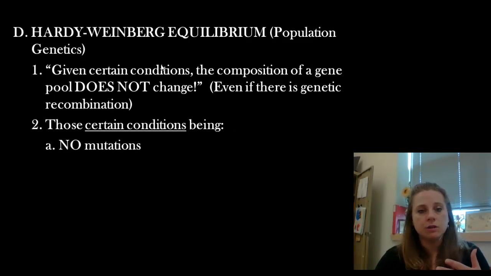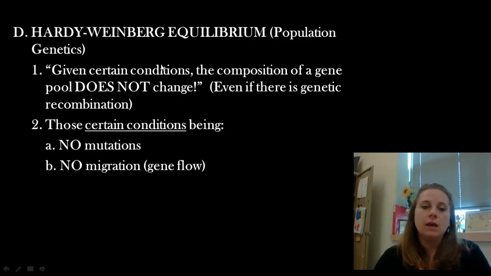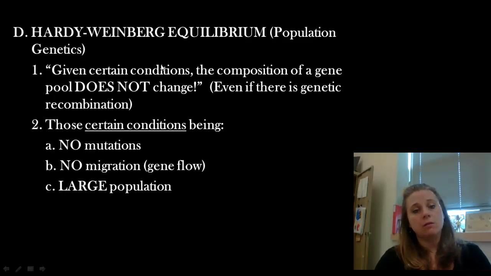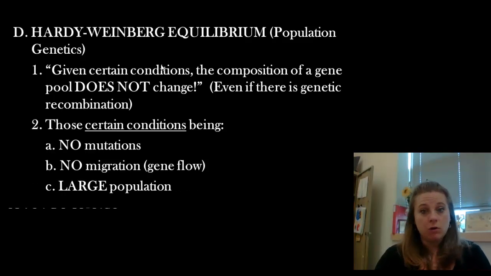So here are your conditions. You can't have any mutations. Try preventing that one. You can't have any migration, meaning there can be no gene flow. There can't be new individuals coming in from outside, and there can't be anybody leaving, because that's going to influence the actual genetic makeup. You have to have a very large population.